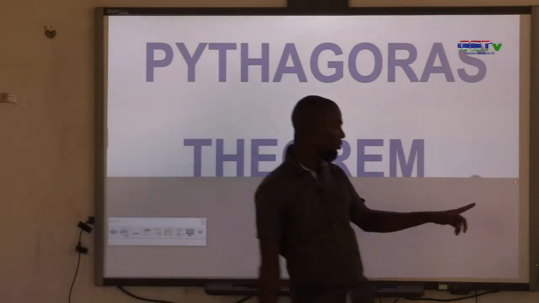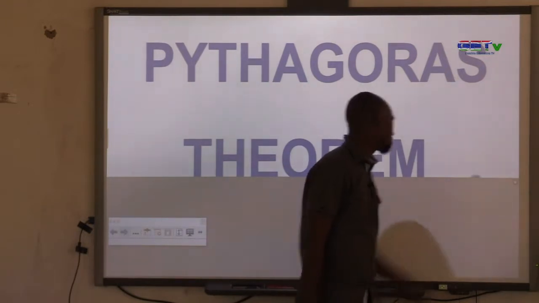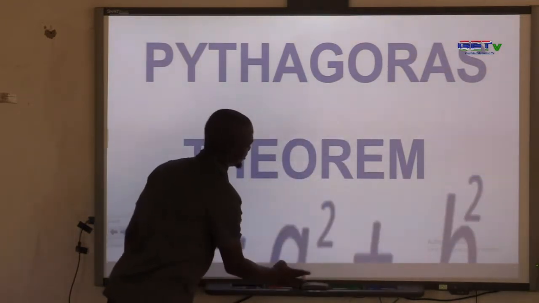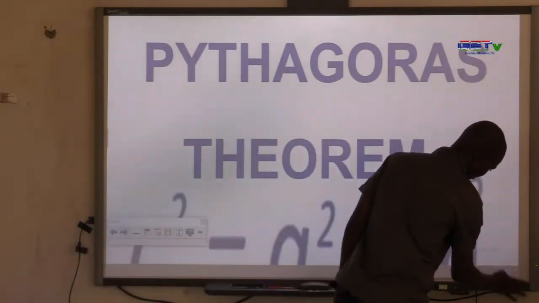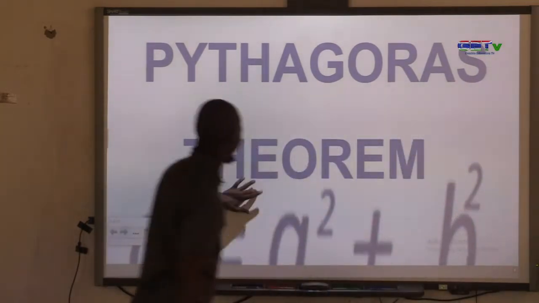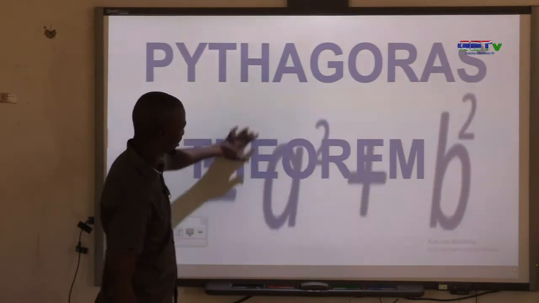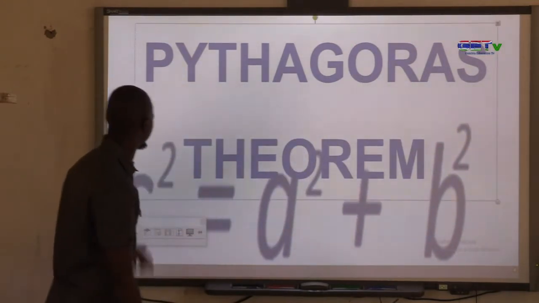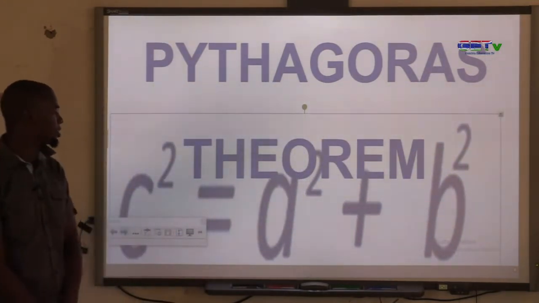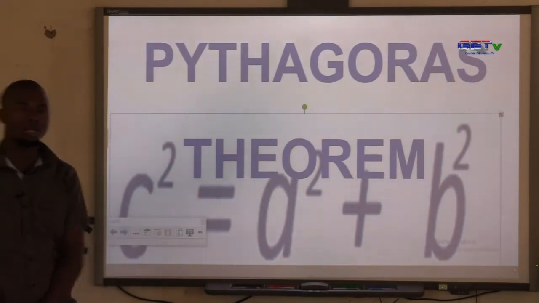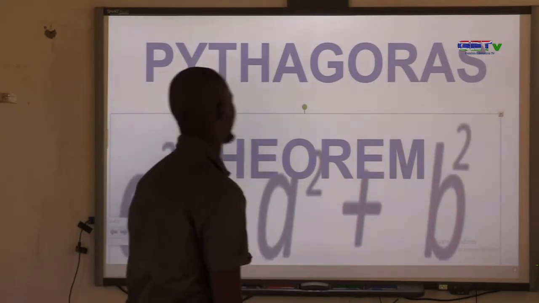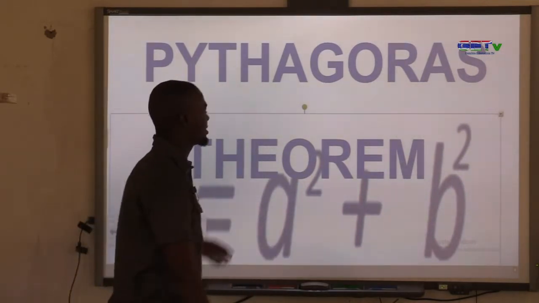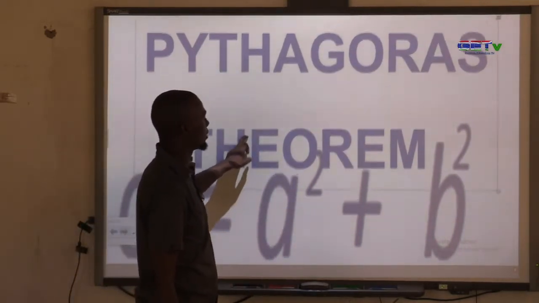Many of you already know the formula for the Pythagoras theorem. Let's look at this. We have c square is equal to a square plus b square.